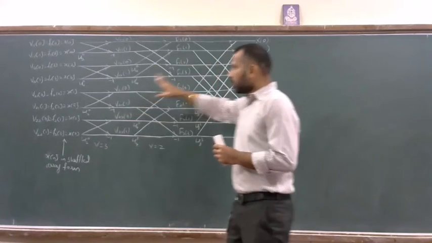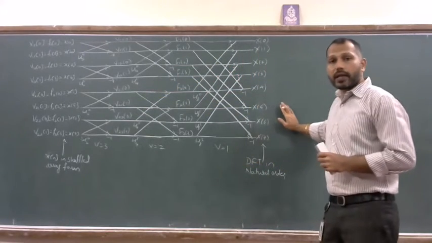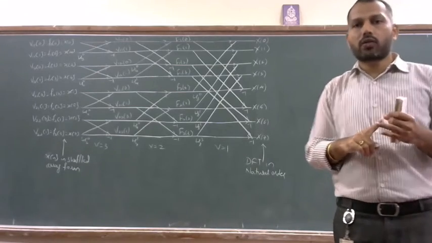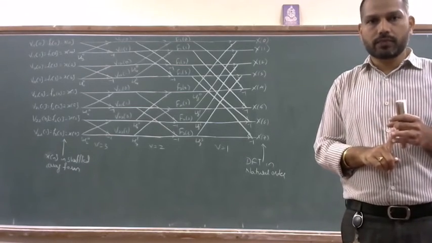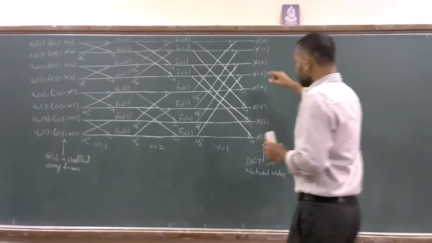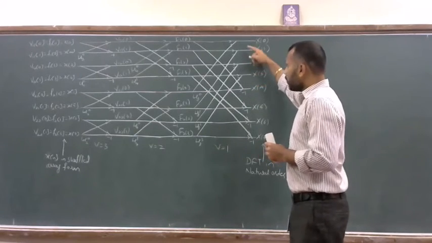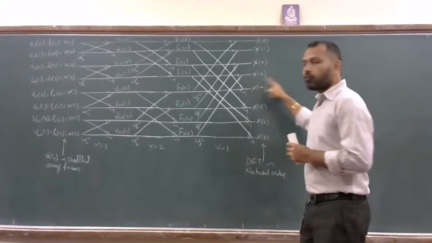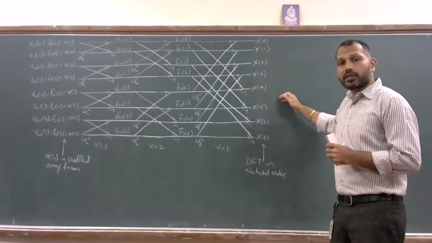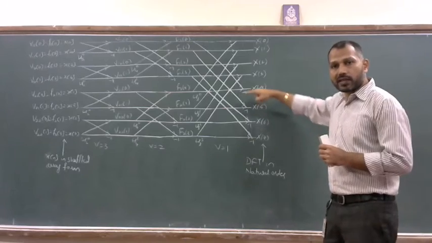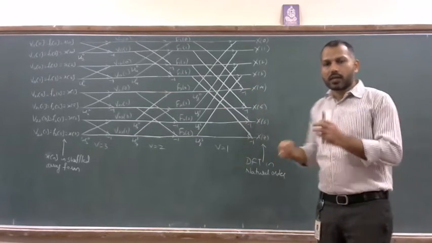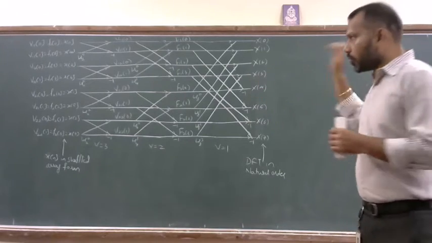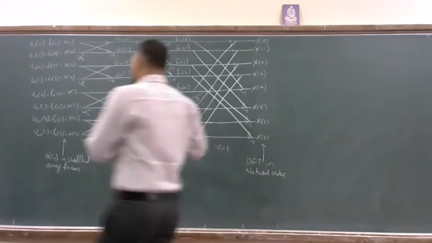For each stage where we will be calculating the discrete Fourier transform, we will be following only one set of equations, one pair of equations. The first equation will give us the DFT points where the arrows point upwards, and the second equation will give us the DFT points where the arrows point downwards. The first equation will be addition, the second equation will be subtraction. We'll be going through that.